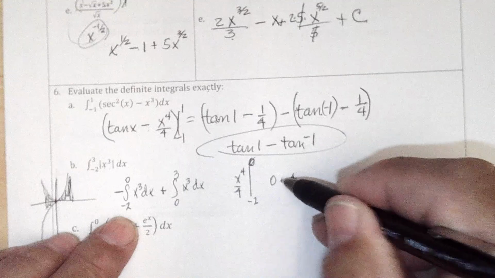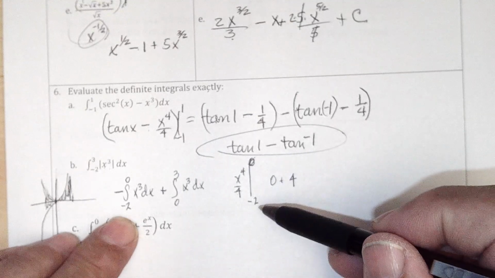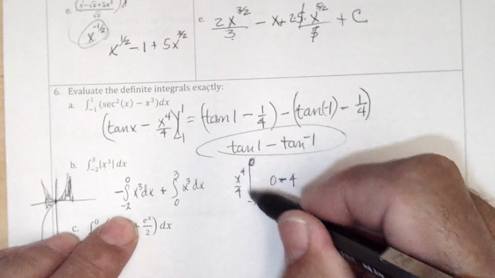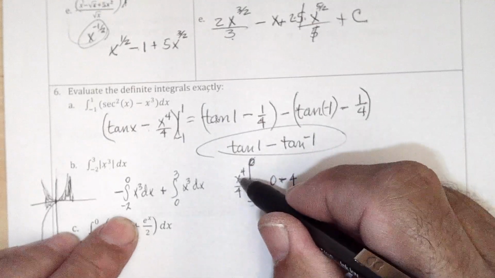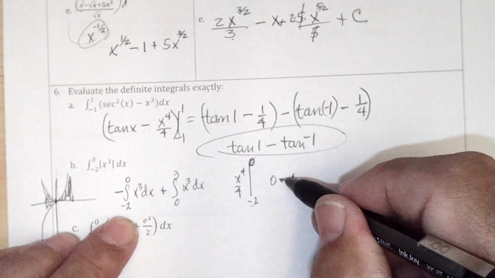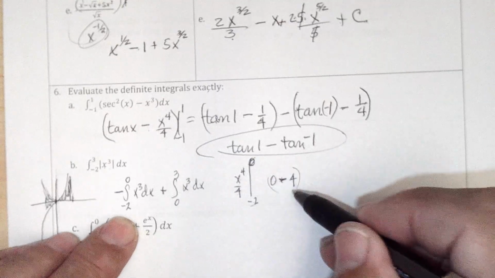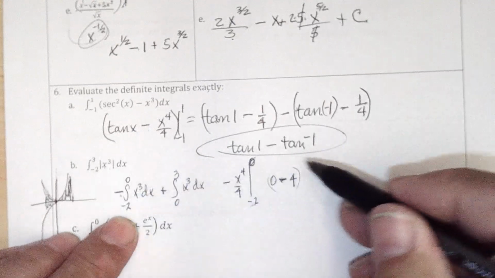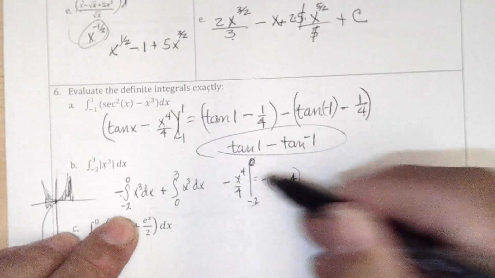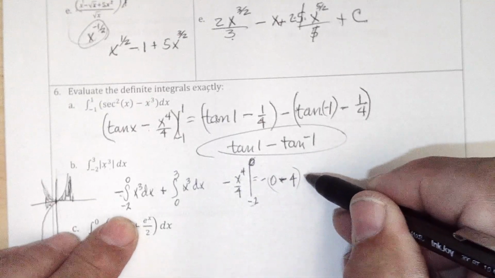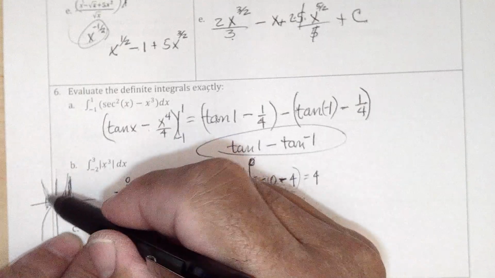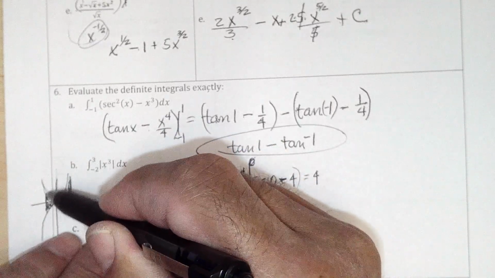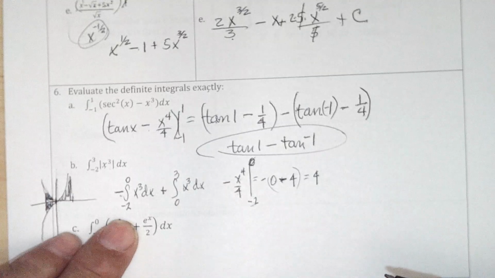And we're supposed to go 0 minus, put this in, subtract. And -2 to the 4th is positive, so we're subtracting 4. So this is a negative number, -4. So when we change the sign, we get a positive 4. So there's 4 units of area down here, -4, up here, positive 4.